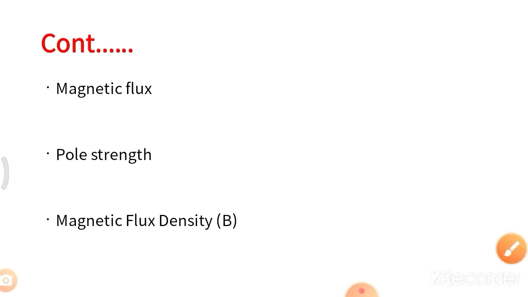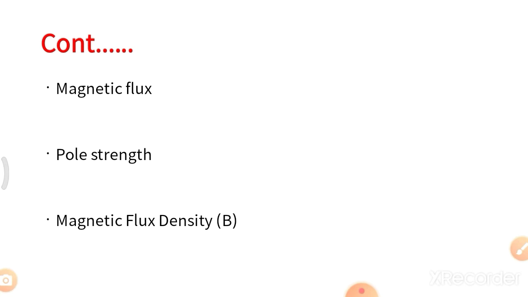Next term is pole strength. Every pole has a capacity to radiate or accept certain number of magnetic lines of force, that is magnetic flux, which is called as a pole strength.